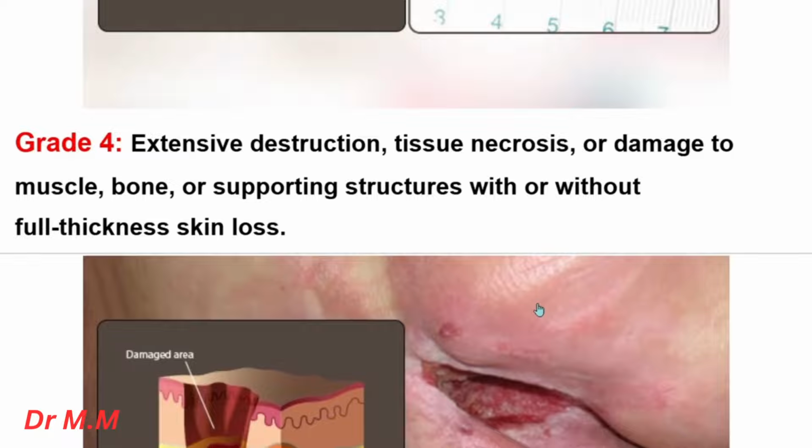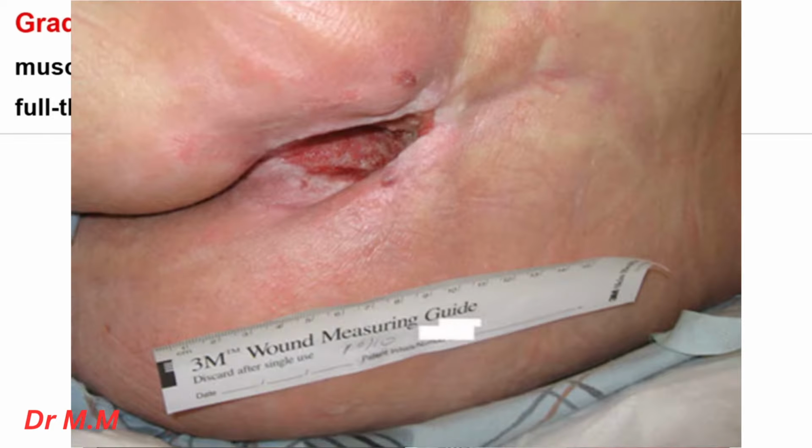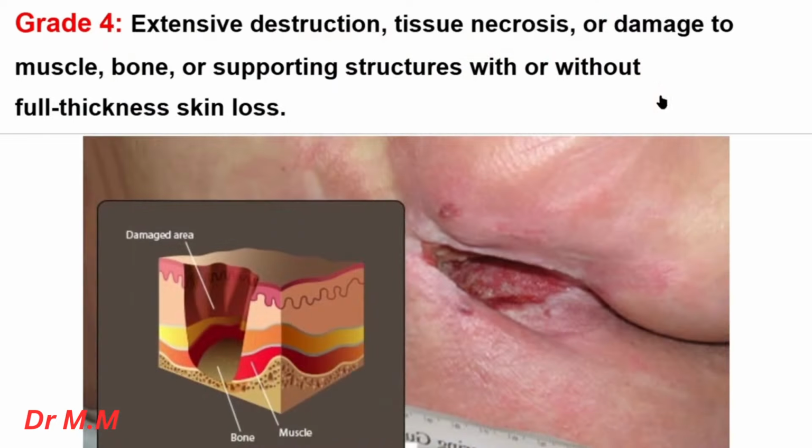Okay, in grade 4 we have extensive destruction, tissue necrosis or damage to muscle, bone, or supporting structures with or without full thickness skin loss. As we can see here, we can see extensive destruction of the tissue.